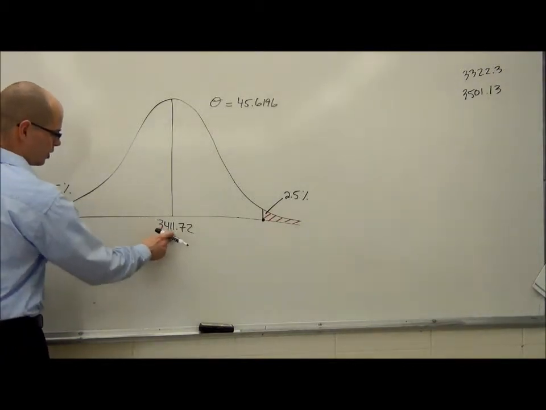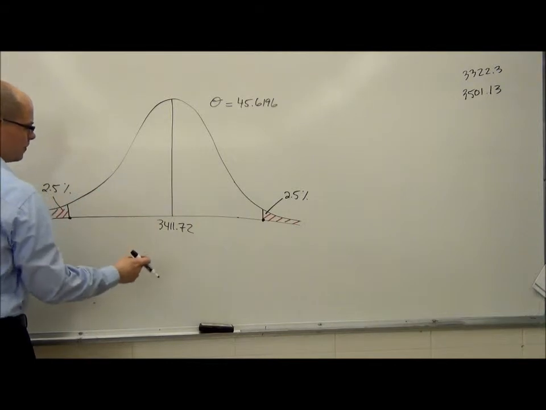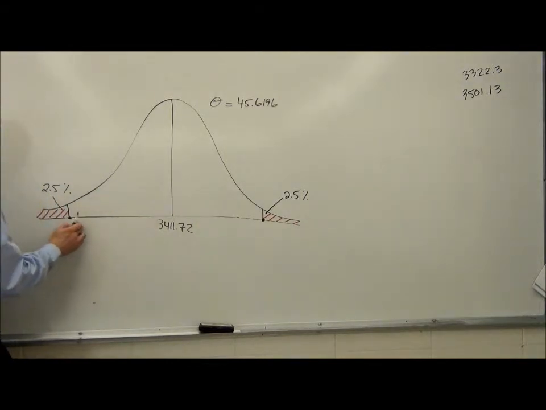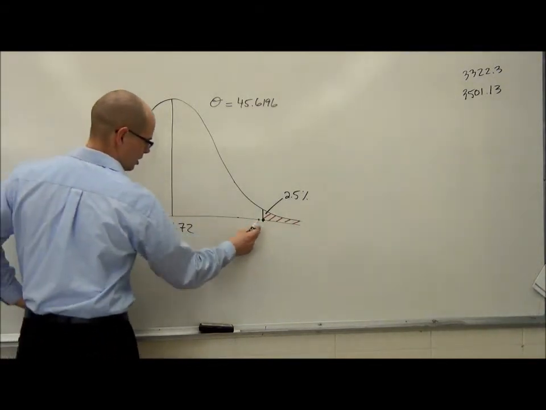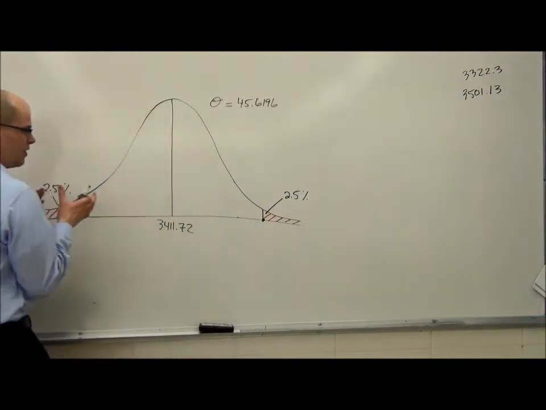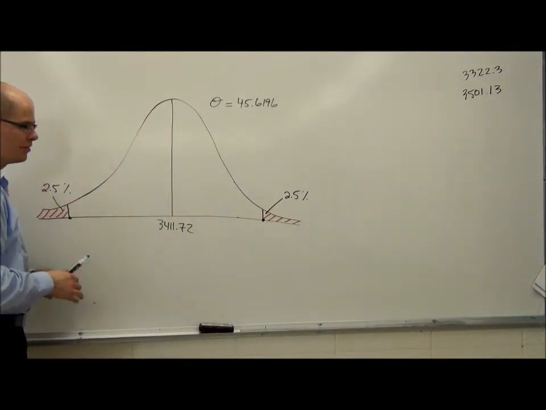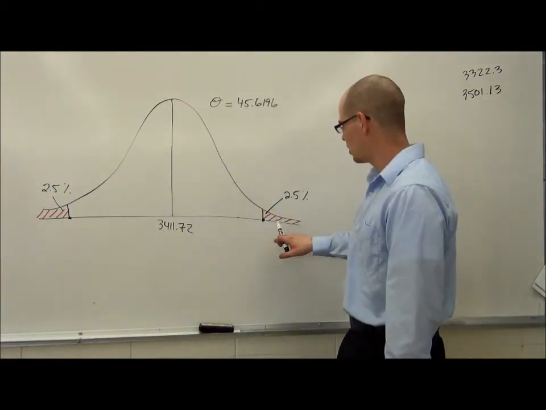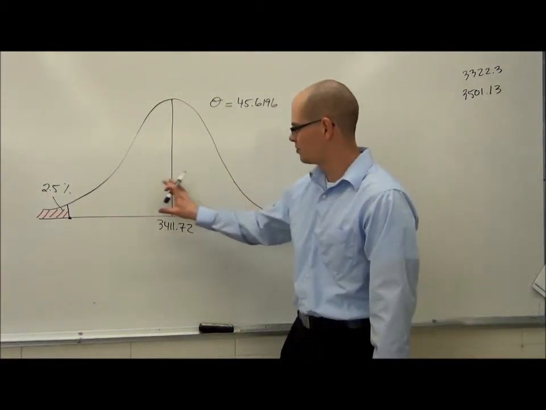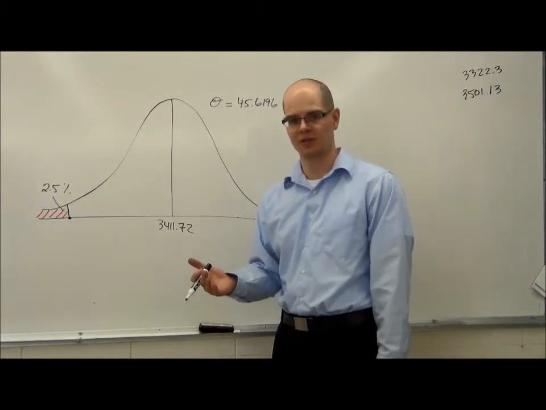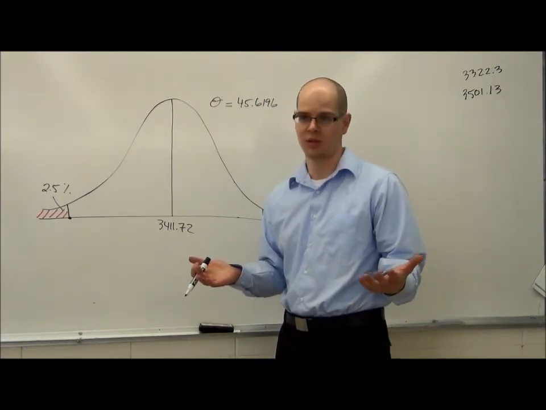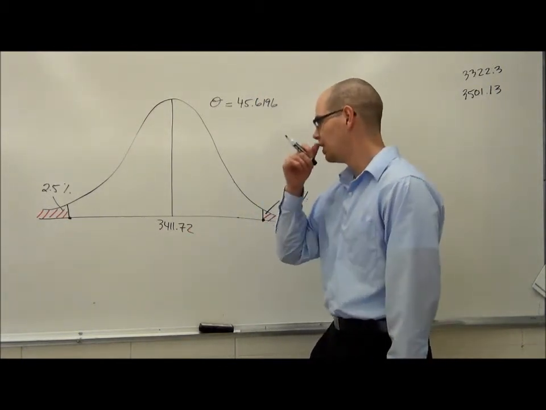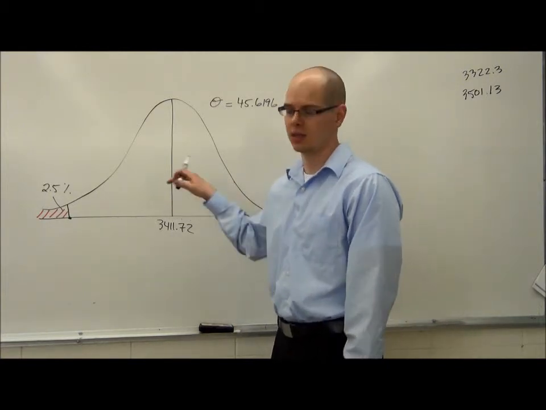So 3,411.72 is our average. What the question's asking for is what is the data value here and here that has 95% of the data between it. The funny thing is the 95% isn't directly what we're going to use. What we are going to use is the fact that if there's 95% in the middle, then there's 5% left over. One of the things we talked about originally was 100% of the data is underneath the curve.